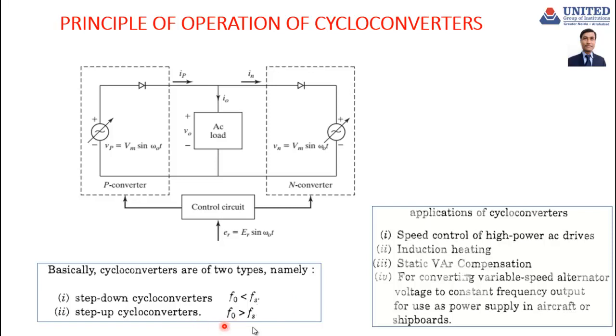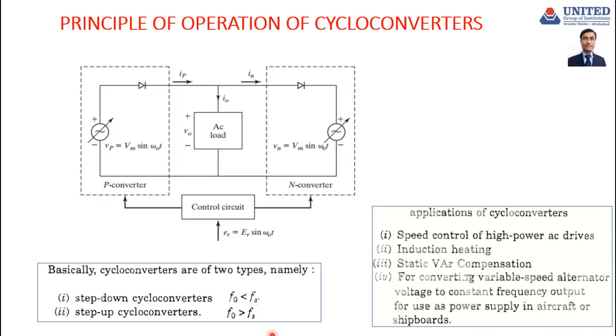In case of step up cycloconverter, the output frequency is greater than input or supply frequency. That is, f naught is greater than fs. The step up cycloconverters are forced commutated and output frequency is limited to a value that is a multiple of input frequency.